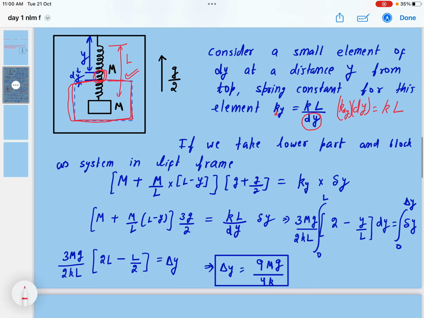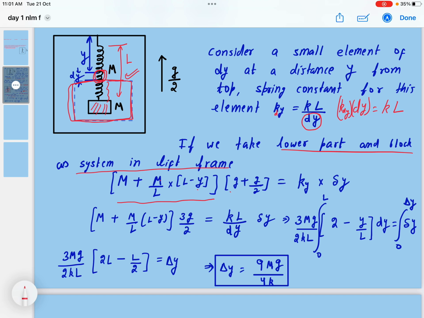So now if I am taking the lower part and the block as the system in the lift frame, then the gravitational force acting on the block and lower part is the total weight, meaning the total mass of the block and portion of the spring in our system, m by L into (L minus y), g plus g by 2, because the lift is accelerating upward.